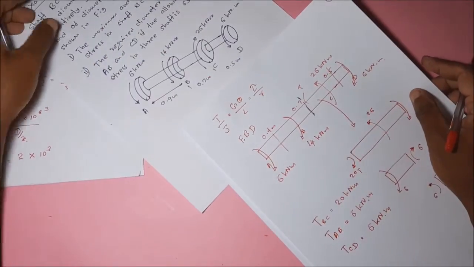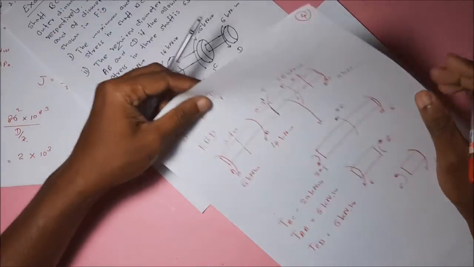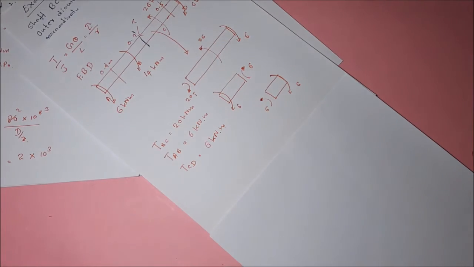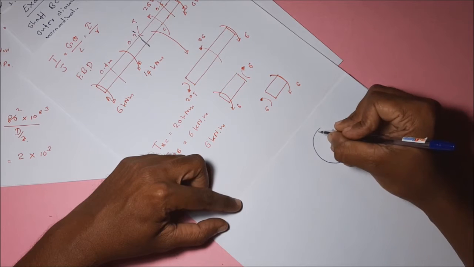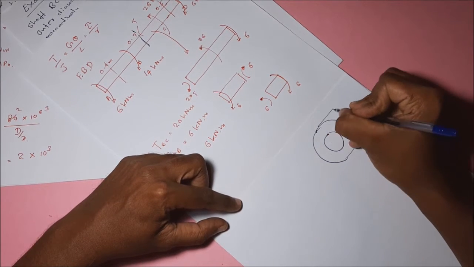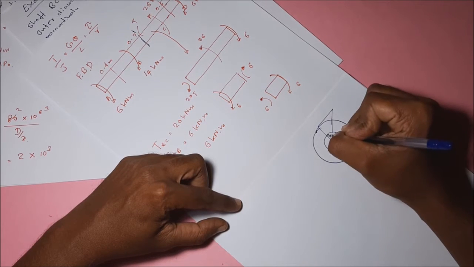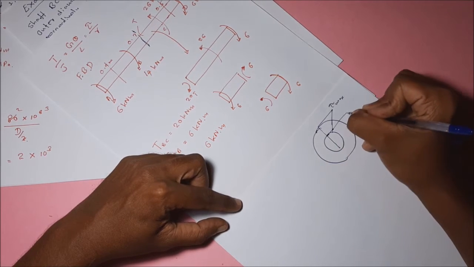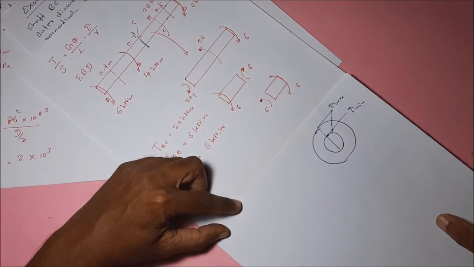Okay, then let's move to the maximum and minimum shearing stress in the shaft BC. The maximum shearing stress occurs at the maximum radius, at the edge. Because it is a hollow shaft, the shearing stress is maximum at the outer edge and minimum at the internal surface.